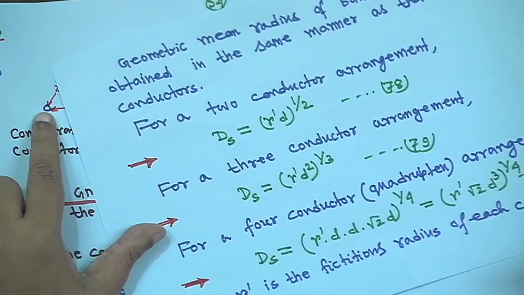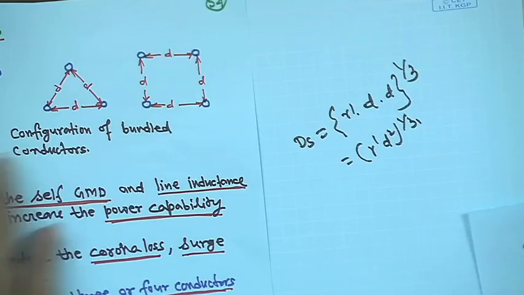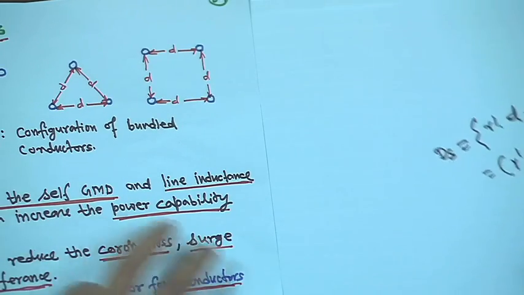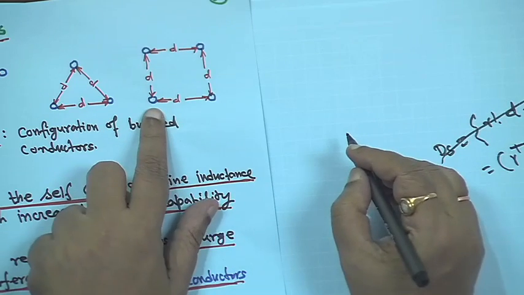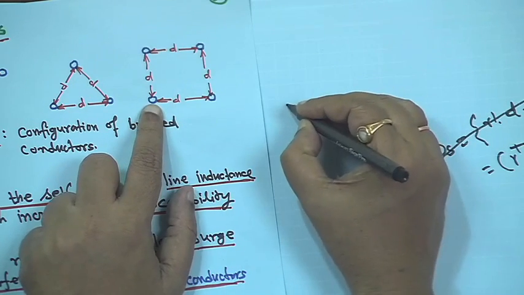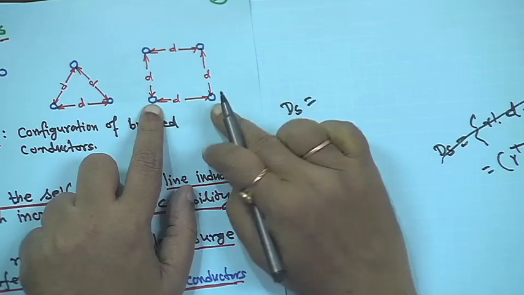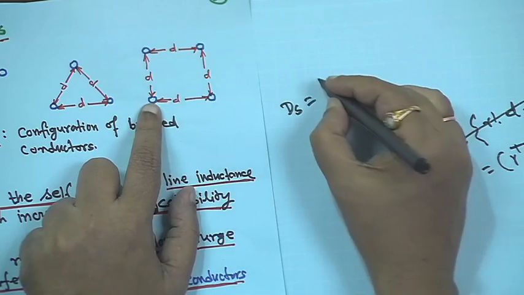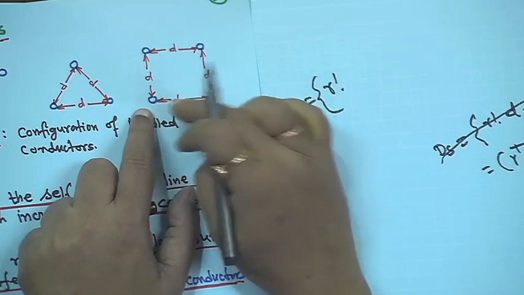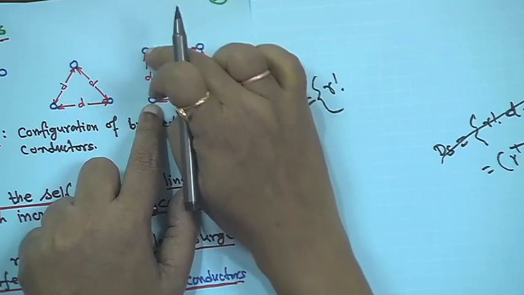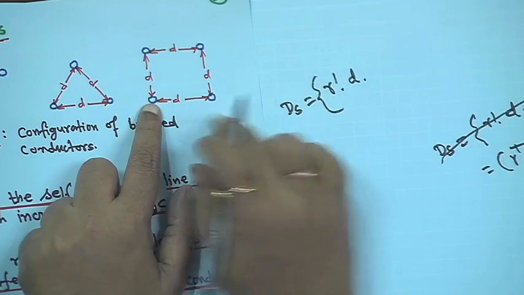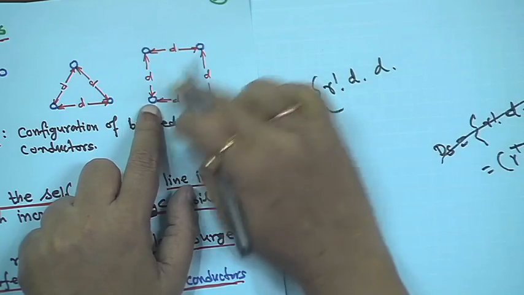Now, for the 4 conductor case, from any conductor, ds is equal to, first you take the self term r dash, then the distance from this conductor to here, which is d, then to here, which is d, and then to here, which is d.